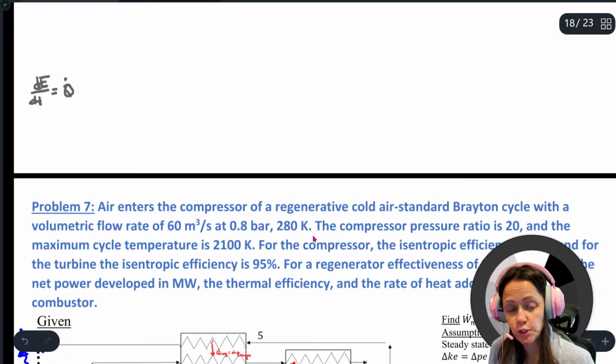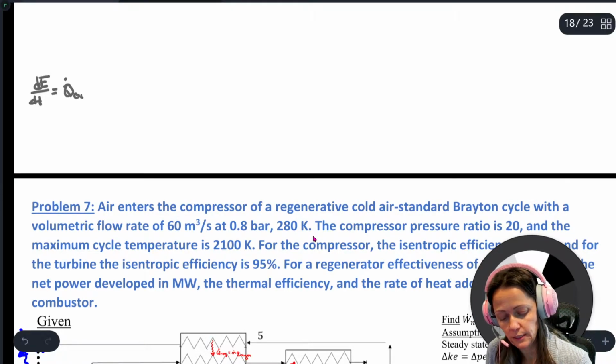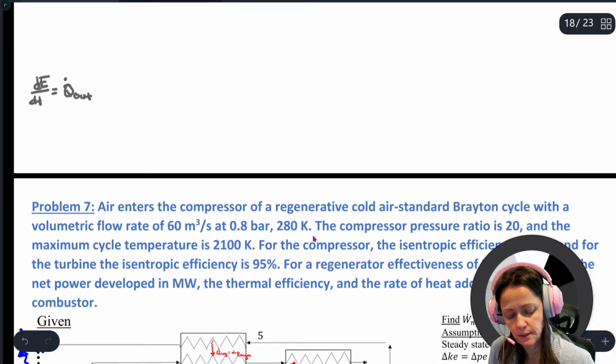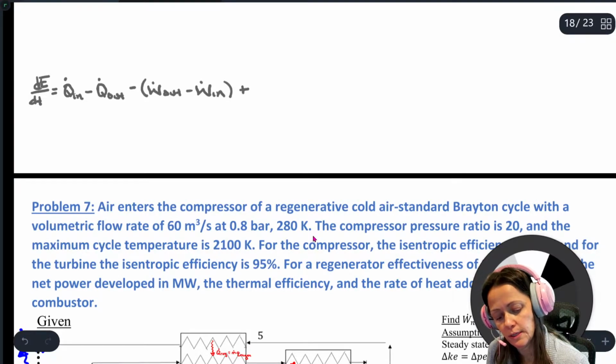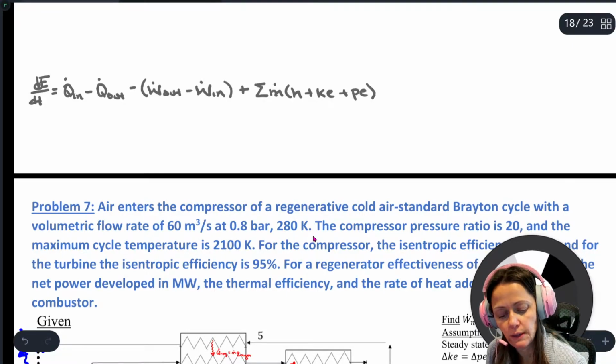So your first law for an open system: dE/dt equals Q dot in minus Q dot out minus W dot out minus W dot in, plus the sum of the m dots times the enthalpy plus the kinetic energy plus the potential energy, minus the same thing going out.